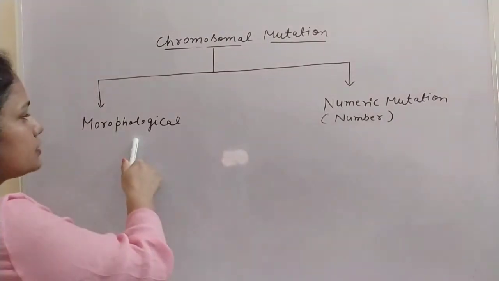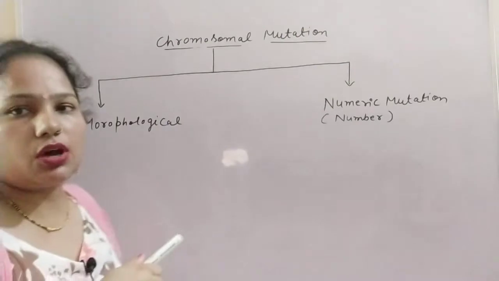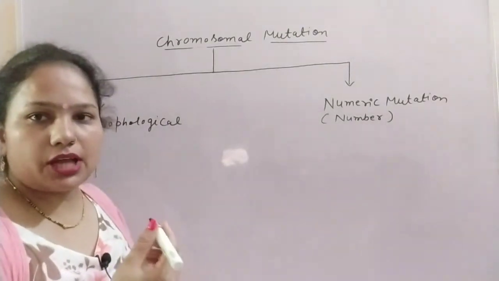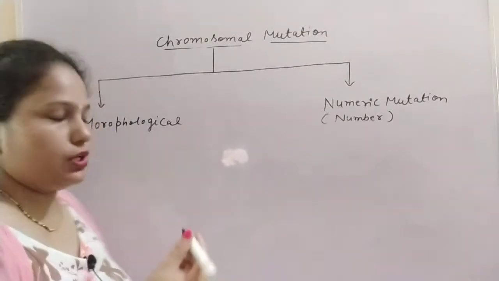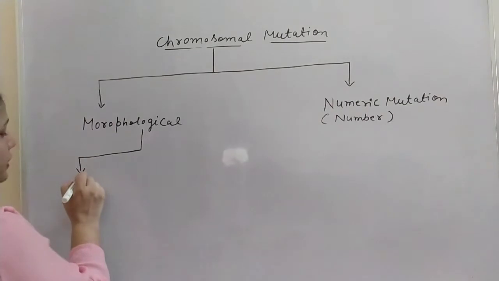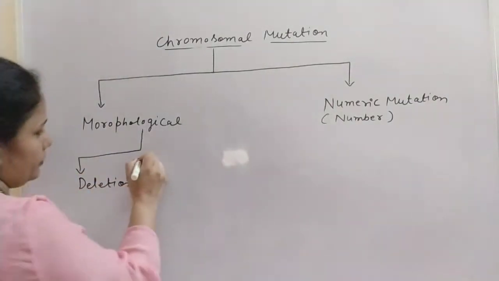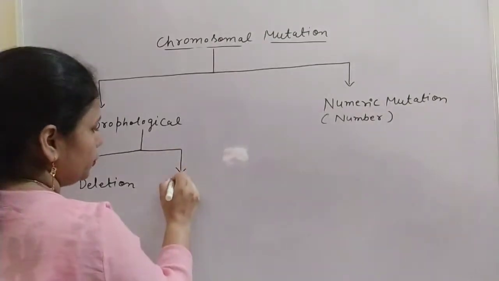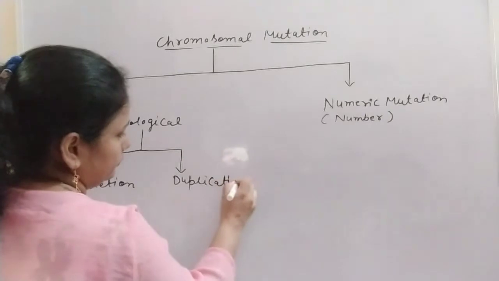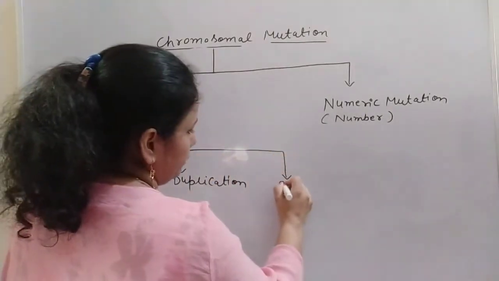So firstly we will discuss morphological mutation, means if there is the change in the form of the chromosome, and there are the different types of morphological mutation. First, that is the deletion. Second, duplication. Third, that is the inversion.